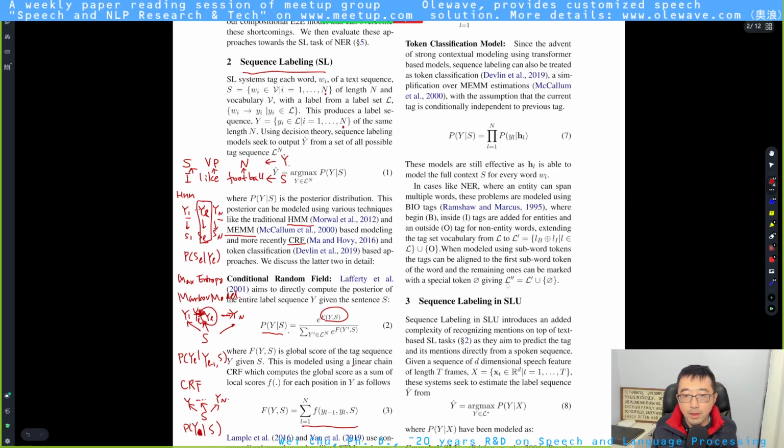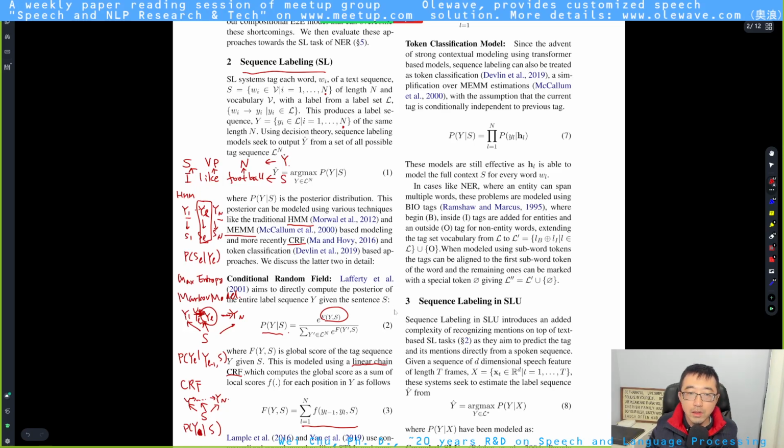They use a linear chain CRF. Again, I'm not an expert on CRF. It seems that they have similar things to the MEMM, so they come up with this equation.